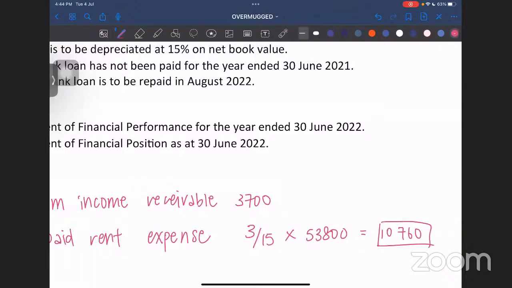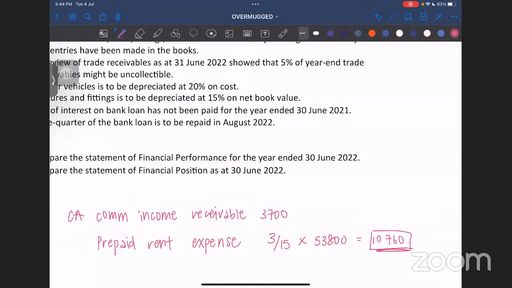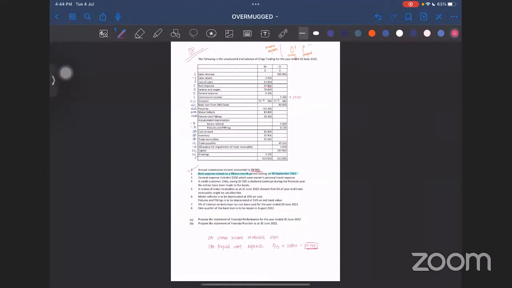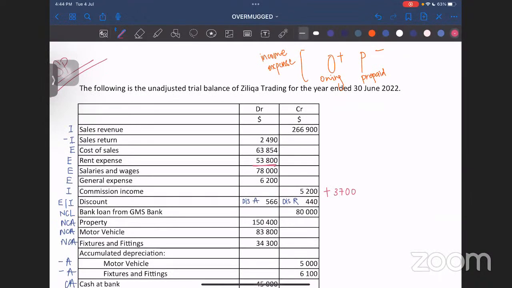So this one is a CA. Okay, back to what we learned just now. Owing plus prepaid minus. Here is a prepaid, so prepaid minus. I will minus 1,760, which is the 3 months.